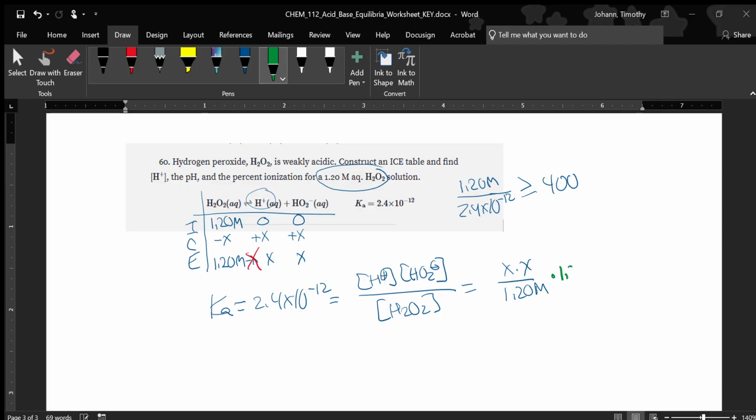If I multiply 1.20 molar times both sides, I'm going to end up with 1.2 times 2.4 times 10 to the negative 12th. I'm going to write my new line here: 2.88 times 10 to the negative 12 is equal to x squared.